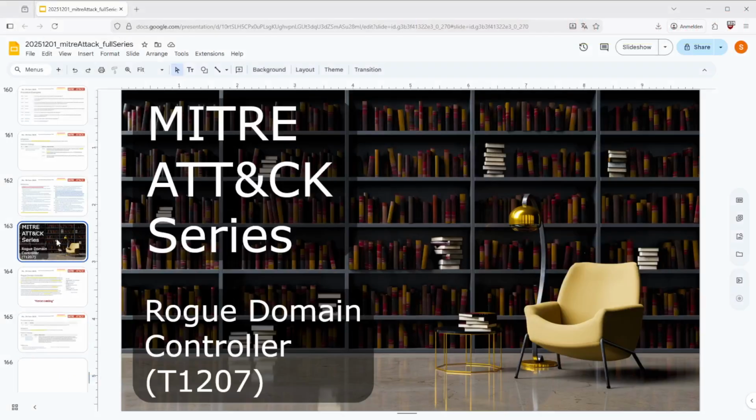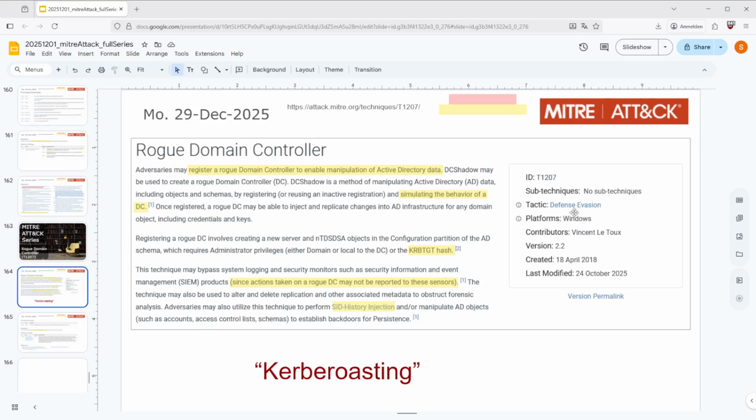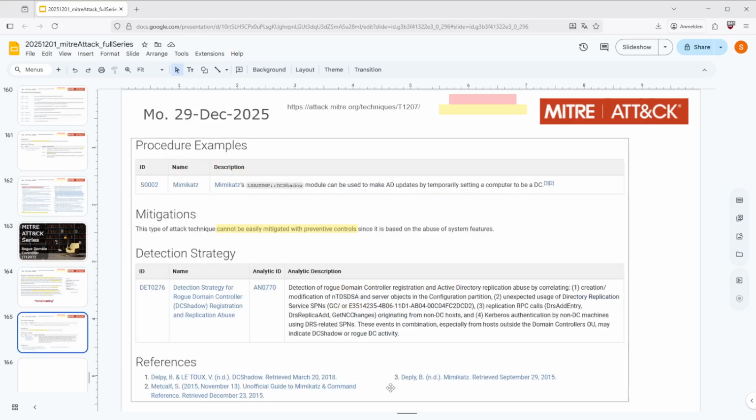So we now understand a little bit better what a rogue domain controller is. It's defense evasion again. We know what it does. It manipulates the Active Directory data and hopes not to be connected to your logging and monitoring solution. It cannot be mitigated. We know that Mimikatz plays a role in this.